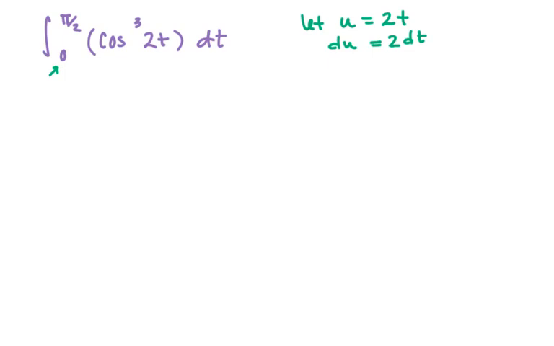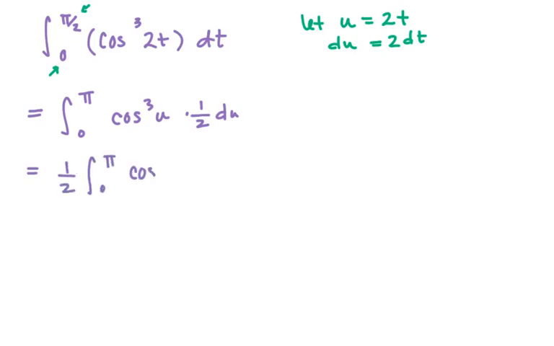And if I let t be pi over 2, I get that u is going to be pi. So this integral we're solving can be written as 0 to pi of cosine cubed u, and then dt is equal to 1/2 du. So I'm dealing with 1/2 the integral from 0 to pi of cosine cubed u du.